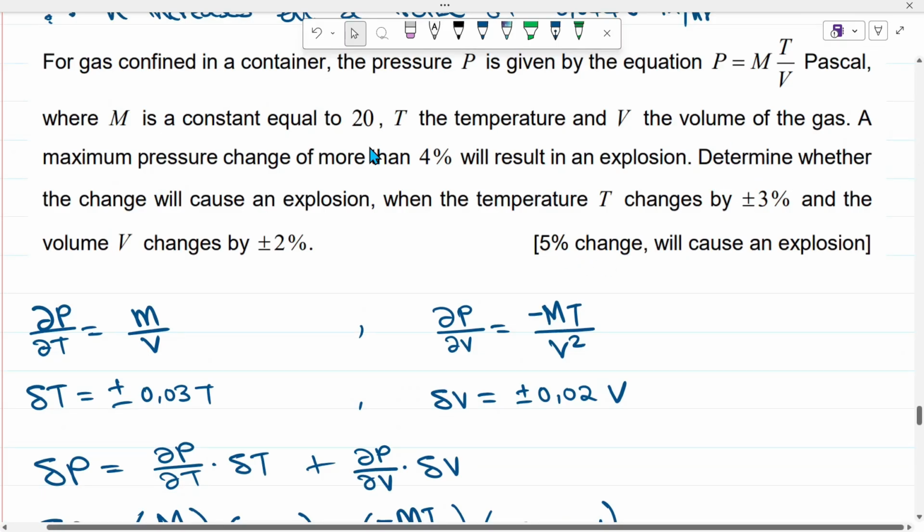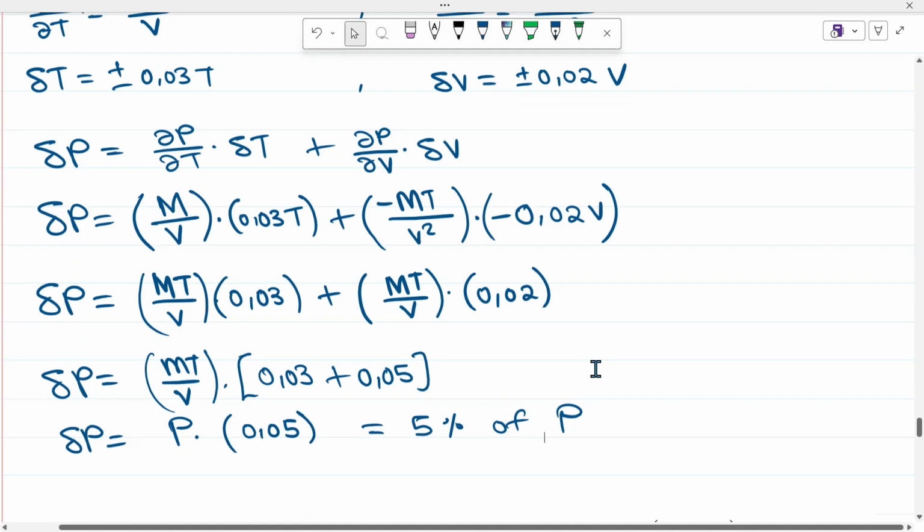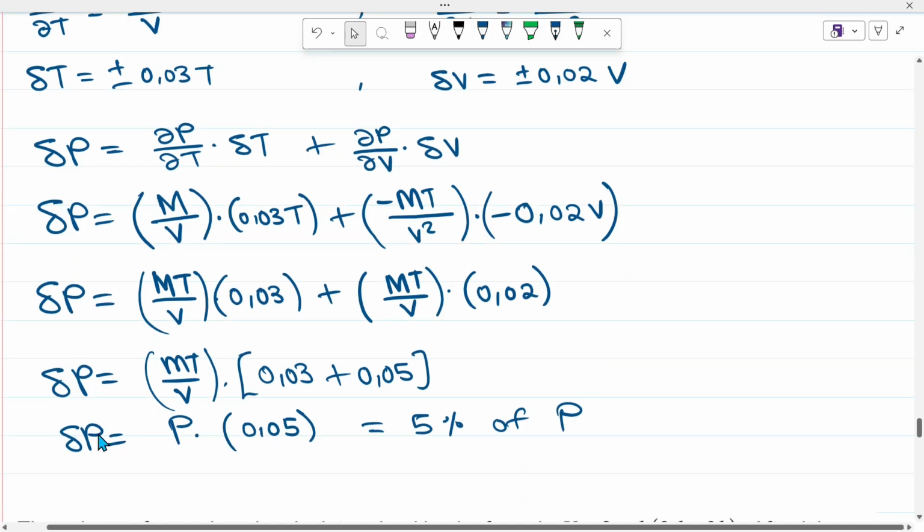And let's go back to the statement. They say that a maximum pressure change of more than 4% will result in an explosion, right? So let's check our maximum percentage change. Our maximum percentage change is 5%. What does it mean? It means that it is more than 4%, and it will cause an explosion.